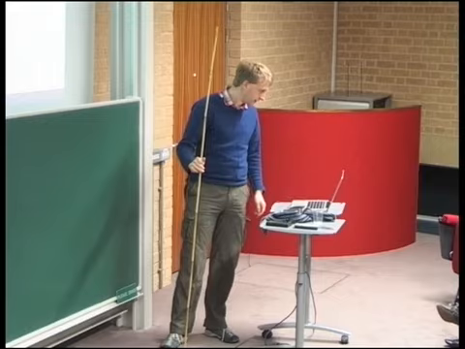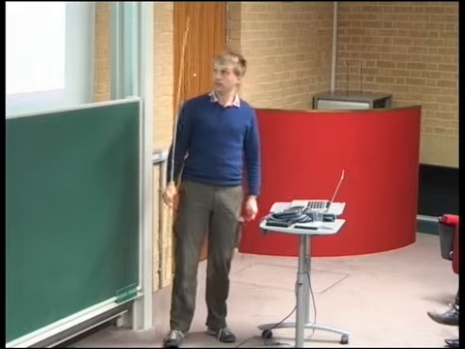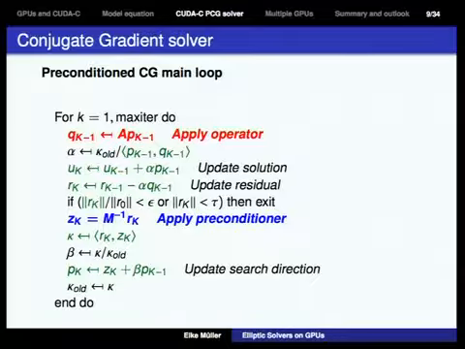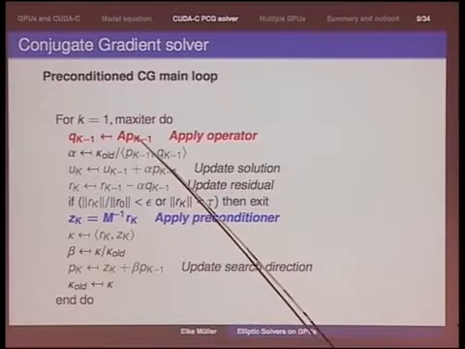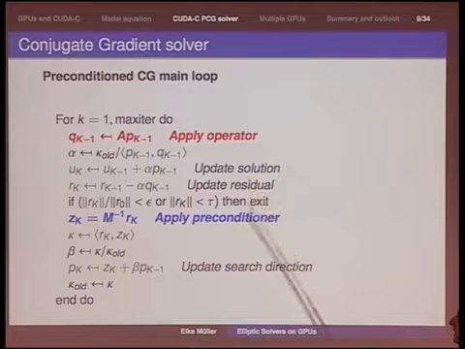So yes, the solver we used is a simple conjugate gradient solver. I just wrote down the main loop here. The important thing to remember is that there's 2 or 3 kinds of operations. We have to apply the matrix at some point, which is just a matrix vector multiplication.